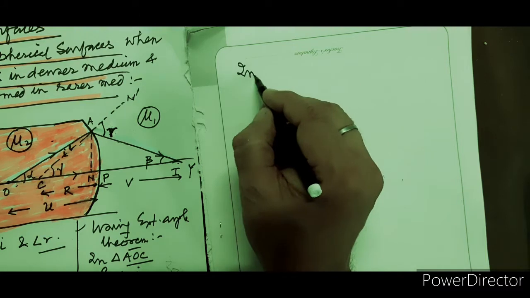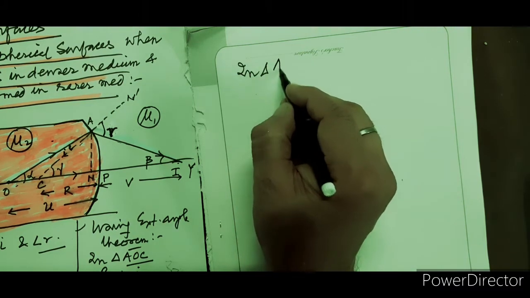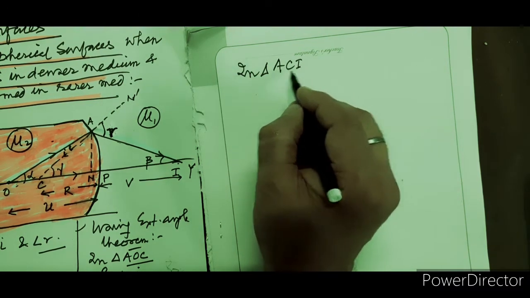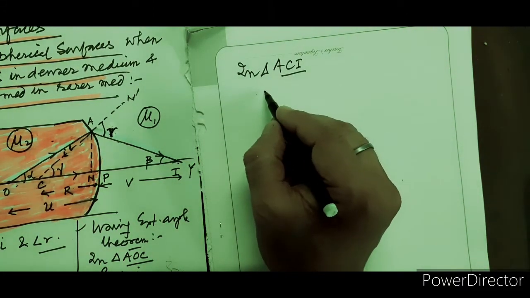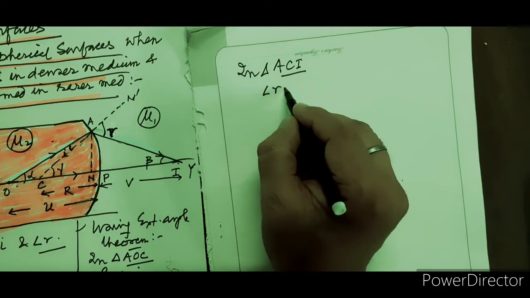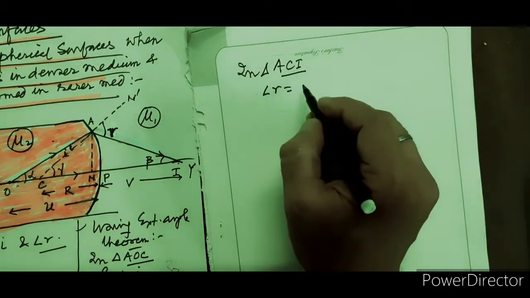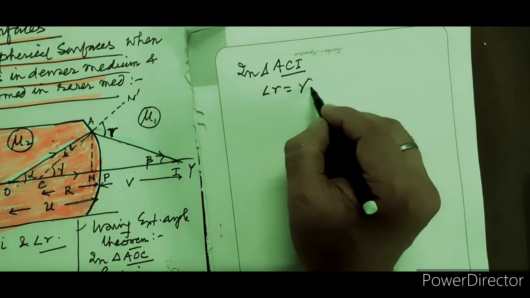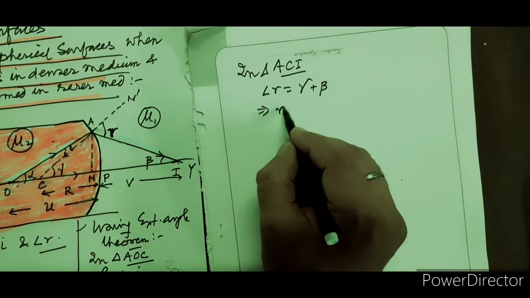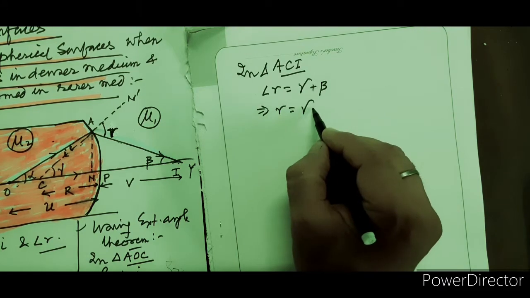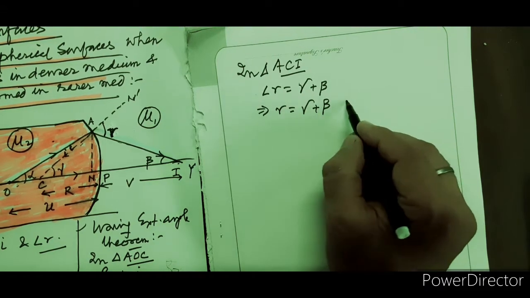So in triangle ACI, we can write angle R is equal to gamma plus beta. We are not writing the angle symbol. R is equal to gamma plus beta. Number two.